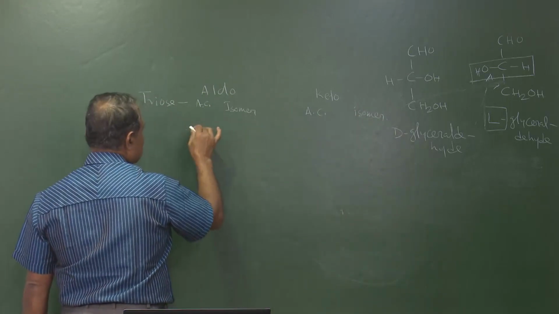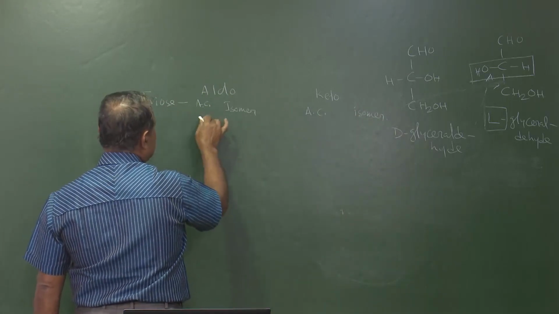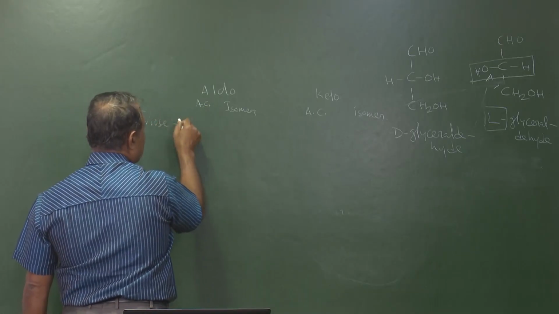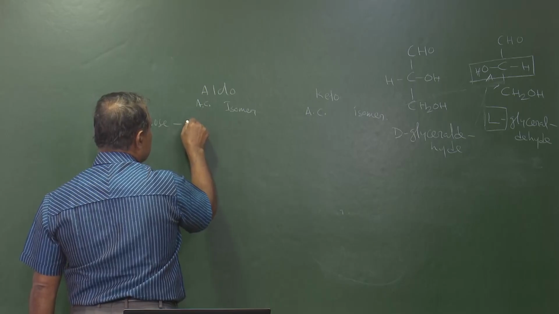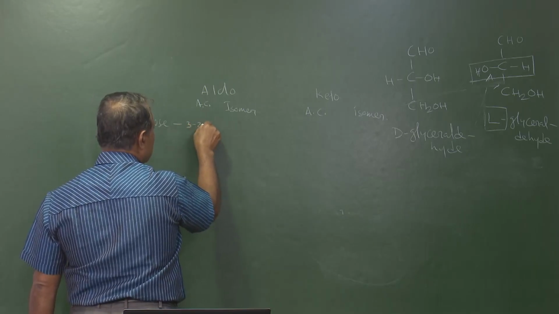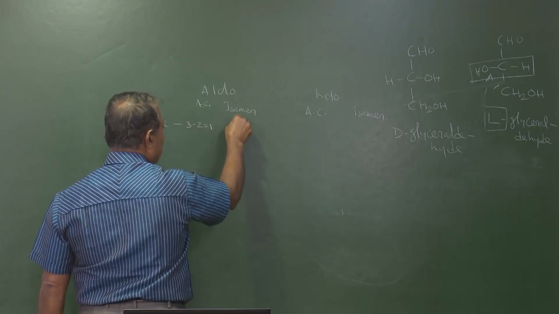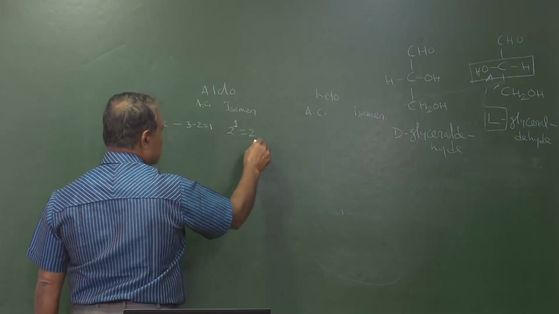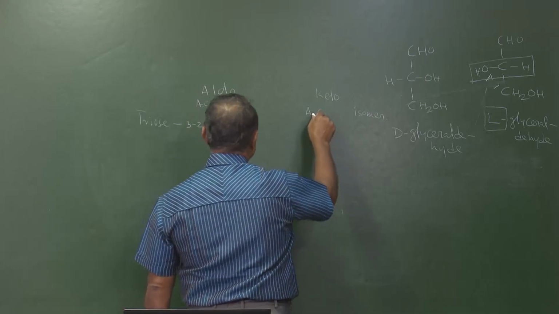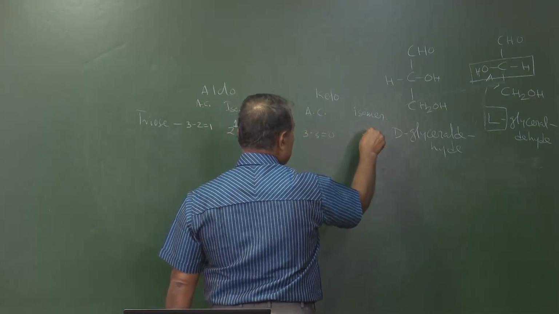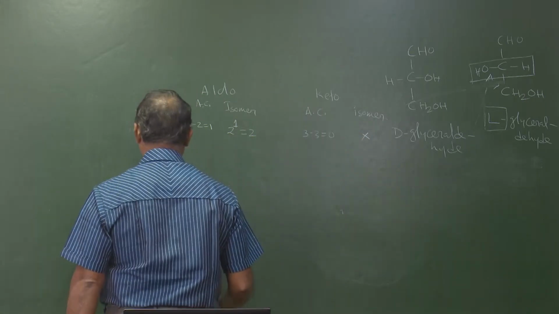Let us check. In case of triose, the number of asymmetric carbon atoms is 3 minus 2 is equal to 1. Isomers will be 2 to the power 1 is equal to 2. Here, asymmetric carbon atoms is 3 minus 3 is equal to 0, so isomers will be nil.